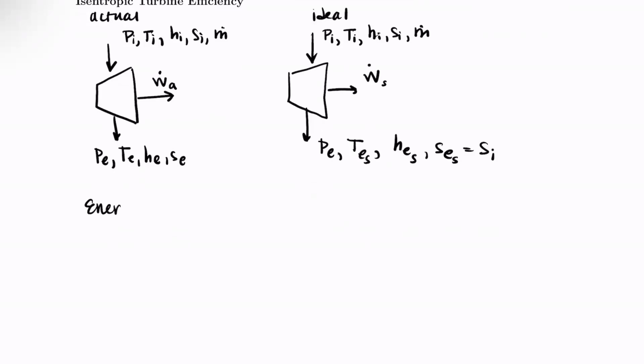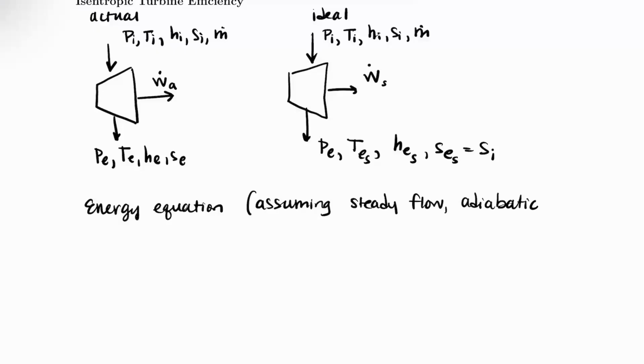So our energy equation, assuming steady flow, adiabatic, and neglecting kinetic energy change and potential energy change becomes the following.